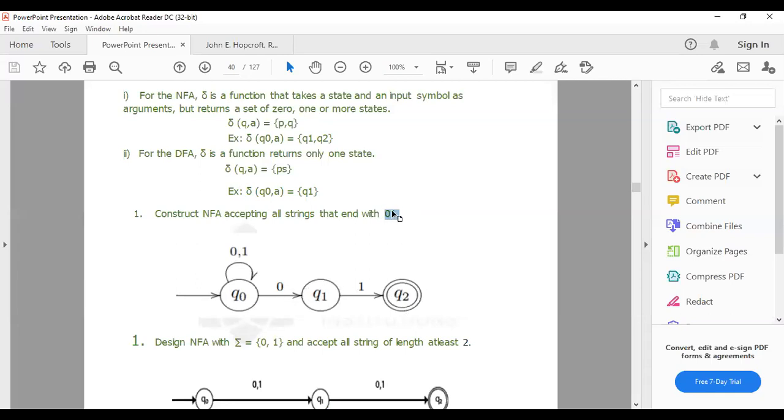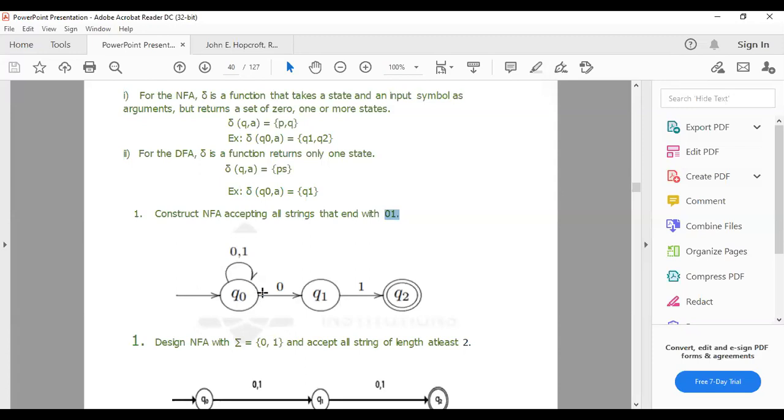The condition they mentioned, we can directly give the transition: Q0 to Q1 on 0 and Q1 to Q2 on 1. In NFA, no need to go with all the states with all the input symbols. All strings end with 0 1, so before that, no need to go further, because it is already defined that it ends with 0 1. So in the start state, you can give 0 or 1.